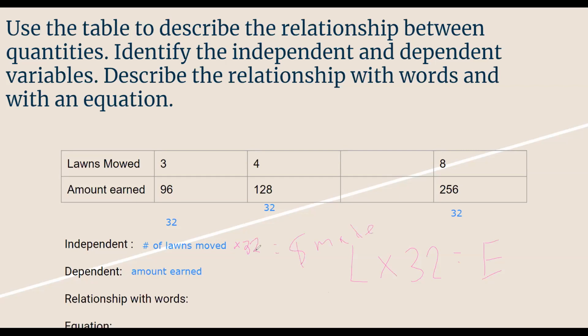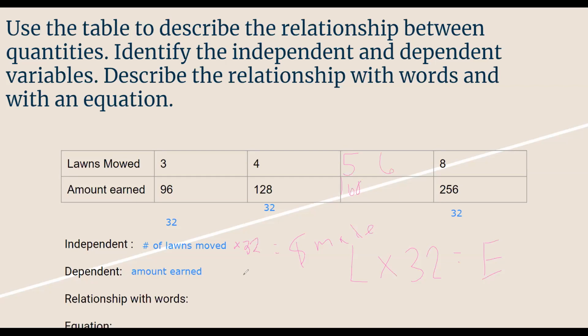The other part that number 2 asked you to do was to fill in the blank. It did not tell you what number to fill the blank in with. As long as it was somewhere between 4 and 8, so if you did 5, 6, or 7, that was fine. If you chose 5 as this number, your bottom number would have been 160.